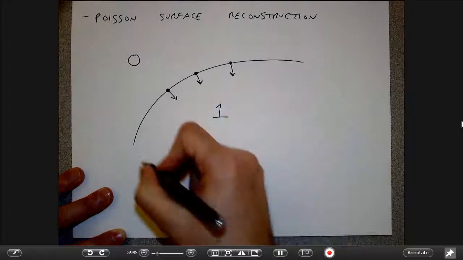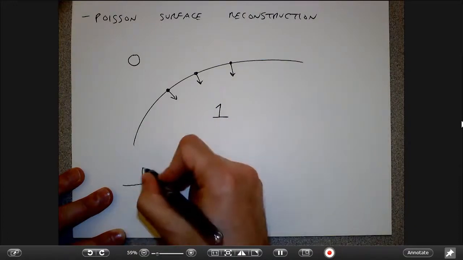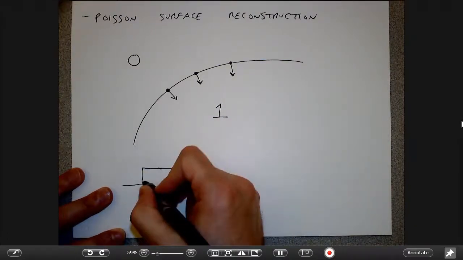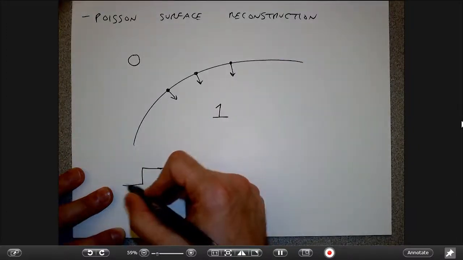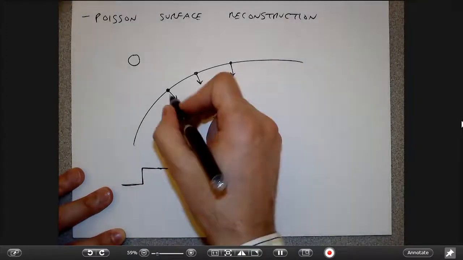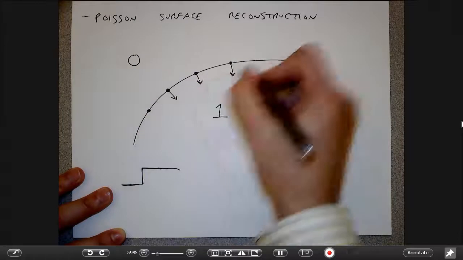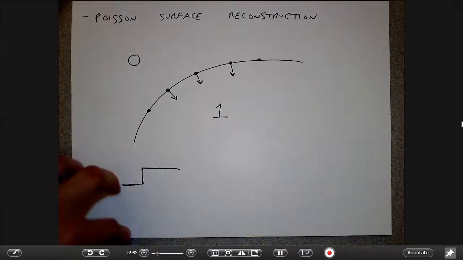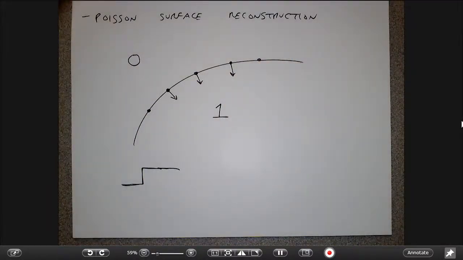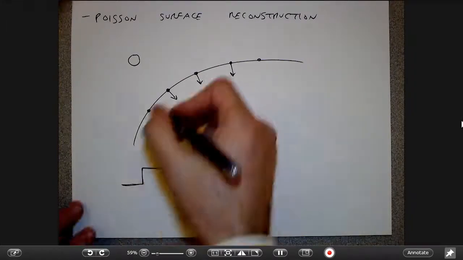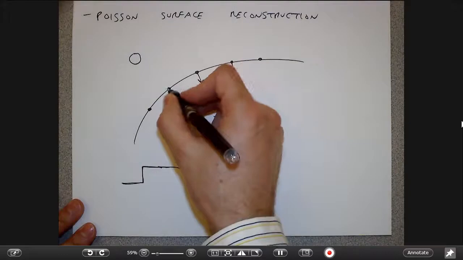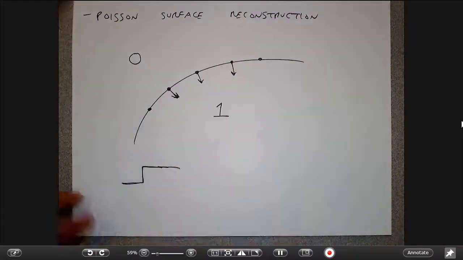And in theory, this is like a step function. If you think about looking at it from the side, basically what you have is a step function in the gradient. And so you can imagine that every 3D point that you get is like a sample of the gradient of a function. Everywhere in front of the surface, the gradient is 0. Everywhere behind the surface, the gradient is 0. Everywhere on the surface, the gradient is very large and it points in the direction of the normal, right?